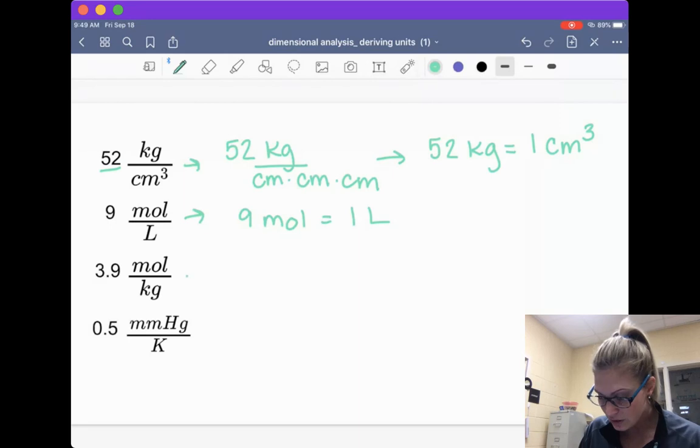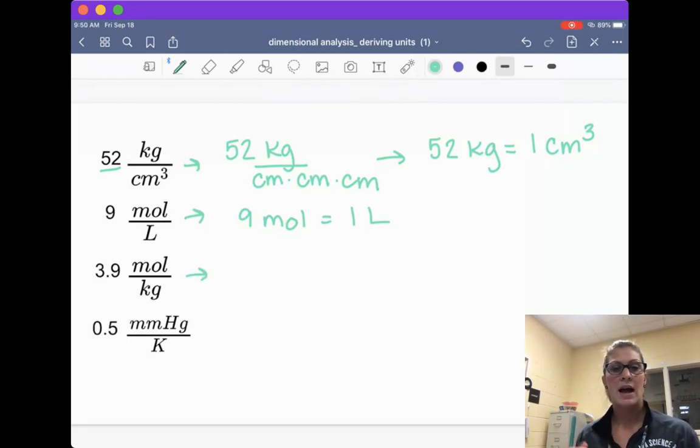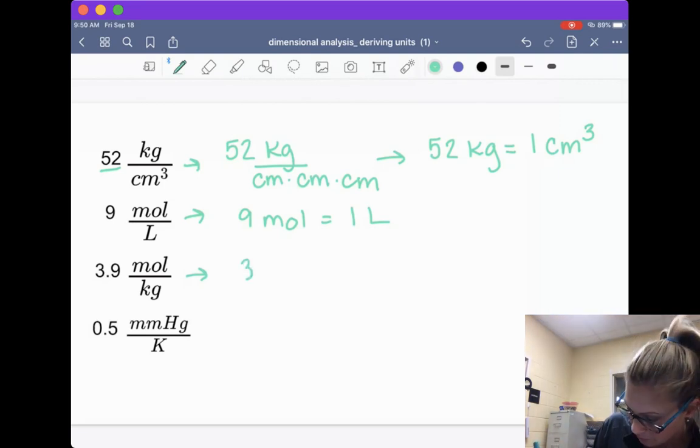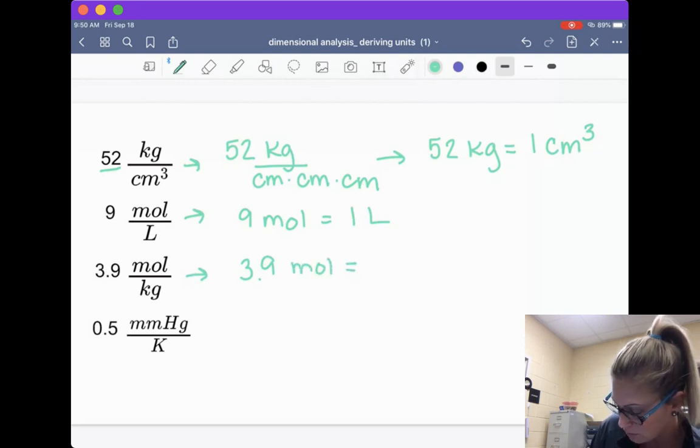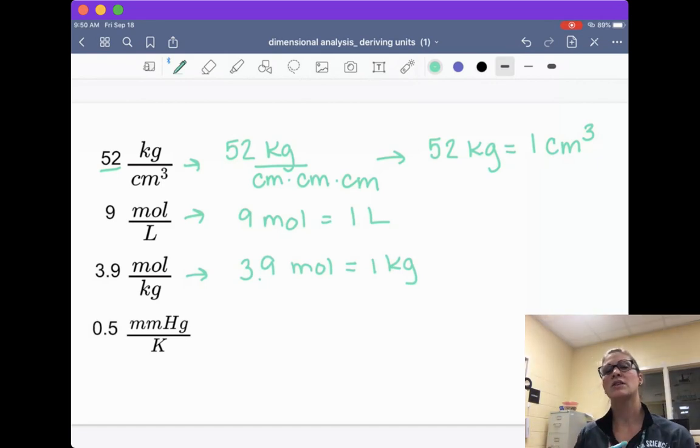All right, let's look at this two-dimensional unit. We have 3.9 moles over kilograms. So we have an amount of substance per mass of substance. What this does is it works the equality: 3.9 moles amount of substance equals 1 kilogram. Again, this equality tells us something.